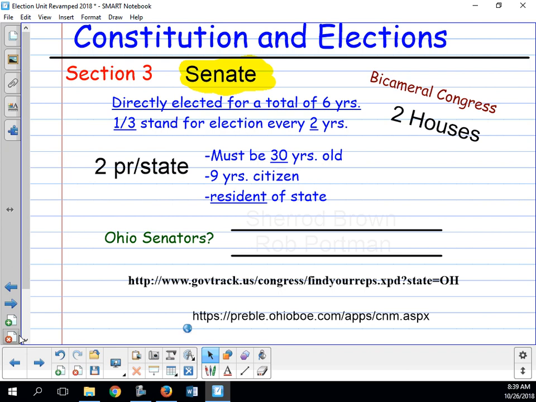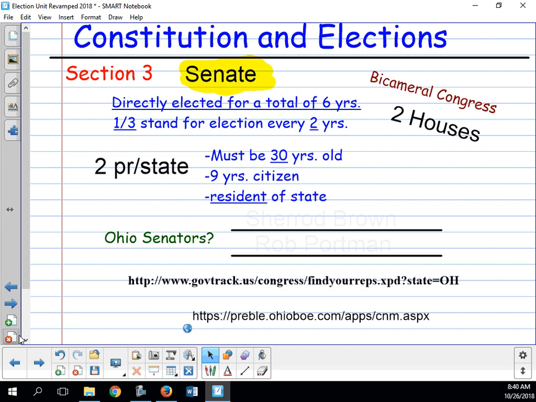Now, underneath there, I wrote that a third stands for election every 2 years. Let me explain that. When the Constitution was first written, they had to adjust for this 6-year term, because they didn't want the whole group of senators to be reelected every 6 years. That becomes a kind of a mess, and they recognized that ahead of time.